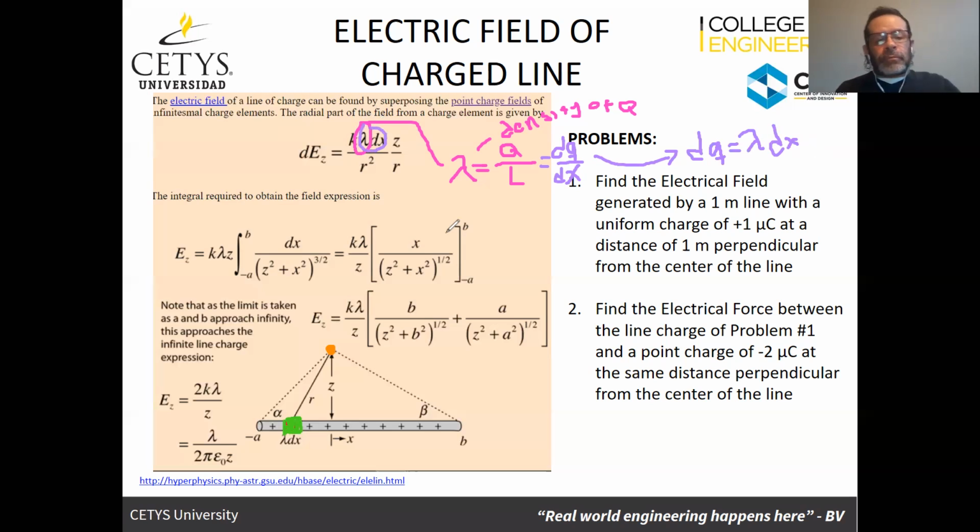And now, if I'm looking at a point here in space and I want to find the contribution of the electrical field, this differential here is going to generate an electrical field that's going outwards. I'm going to draw that in green.